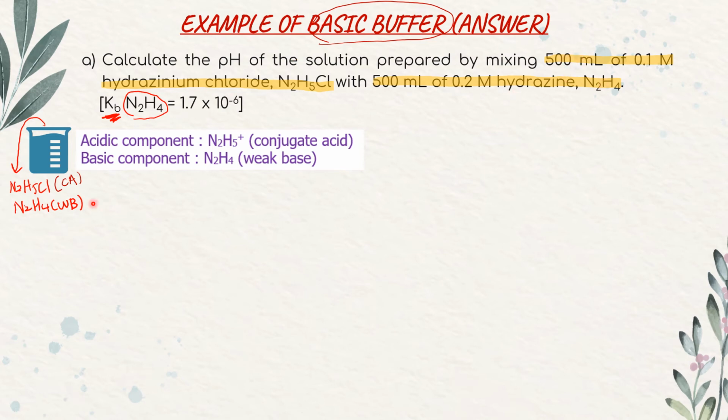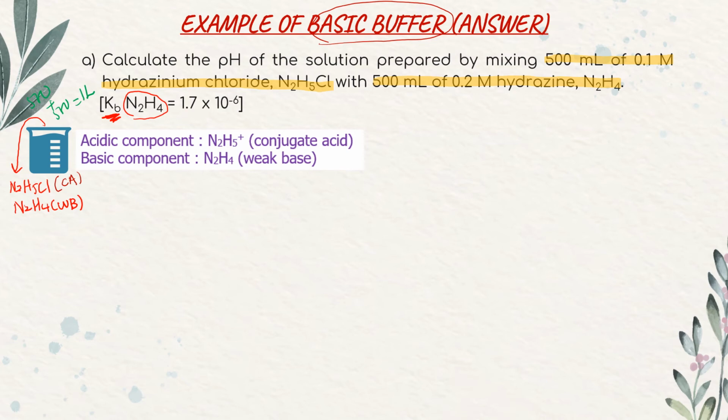Tapi bila kita tambahkan dia, okay, when we add these two inside the beaker, what happen is volume dia akan berubah lah. So dekat sini kita ada 500 tambah 500, so we have 1000 ml. So kita ada 1 liter solution.